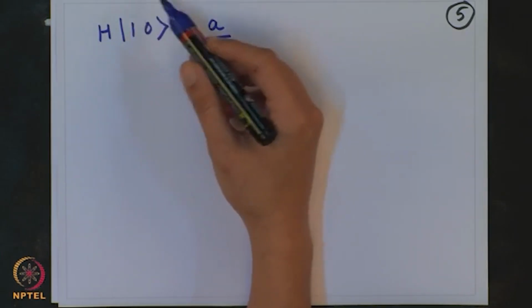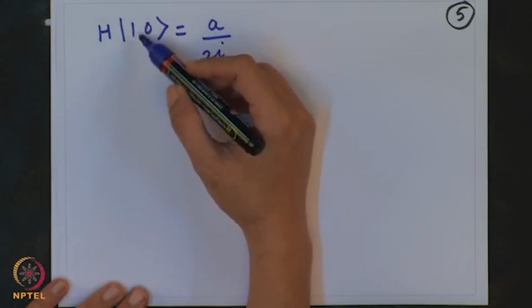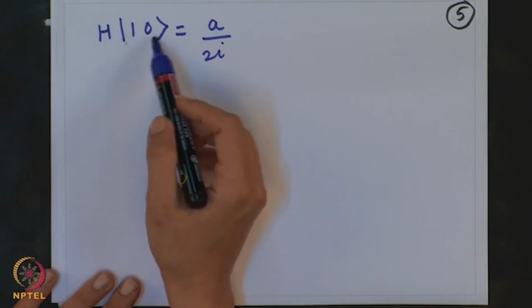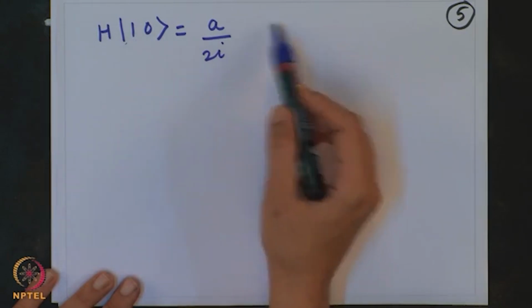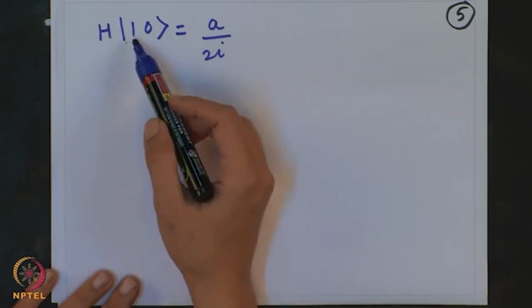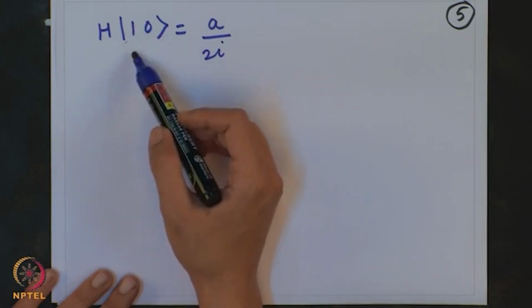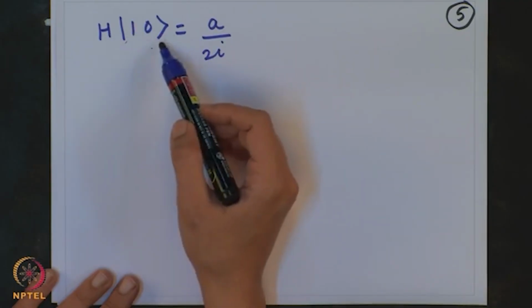You cannot write it as a linear combination. After doing this operation, you should be able to write this in terms of ket 1 1, 1 minus 1 or 1 0.